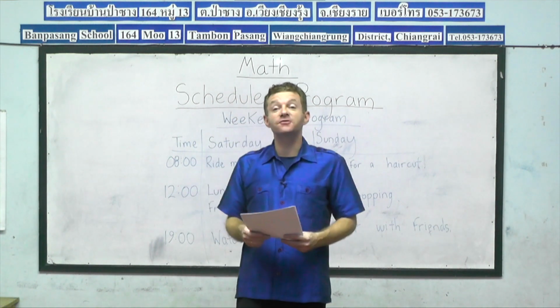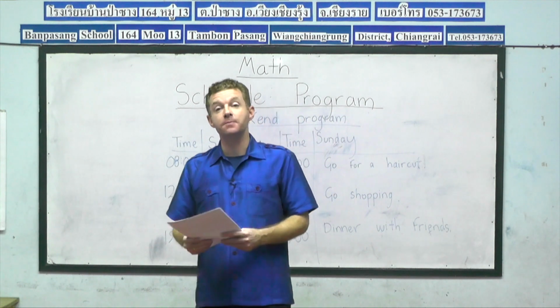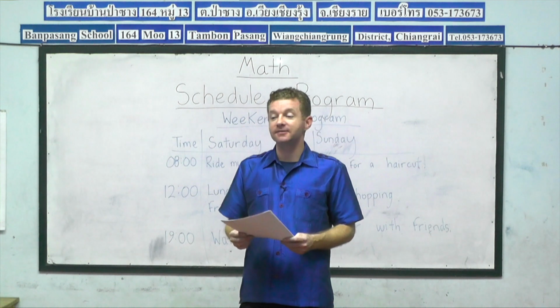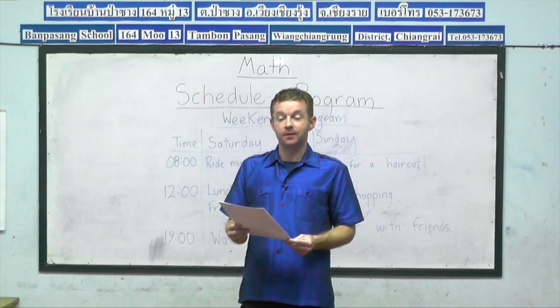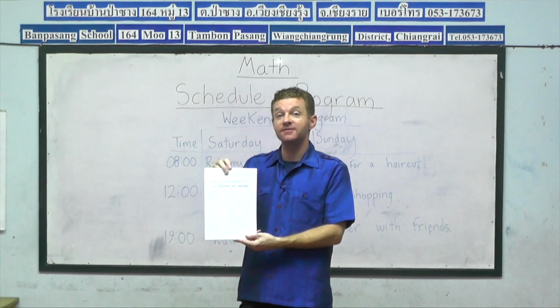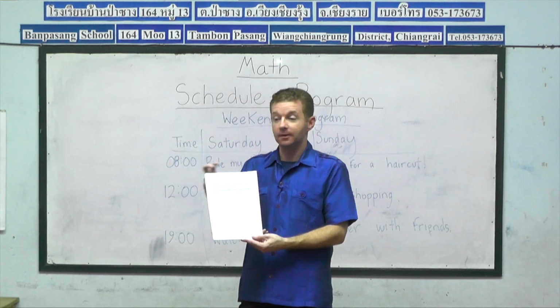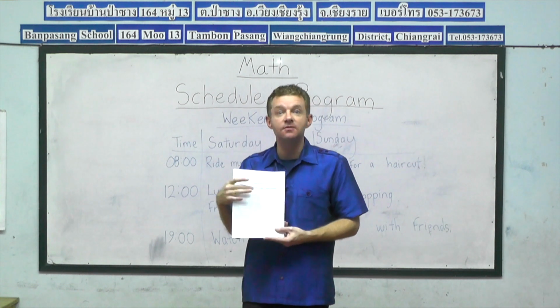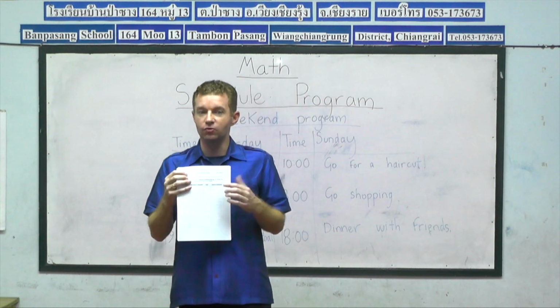And now it's time for our worksheet activity part of the lesson. So teachers, make sure every student in your class gets their own worksheet. And what we've got today is a worksheet for our students to complete their weekend program. So we have Saturday's activities and Sunday's activities, 2 days.